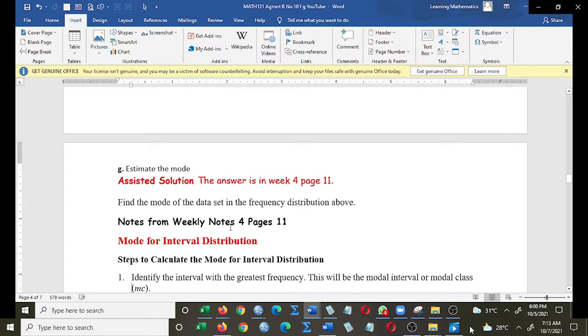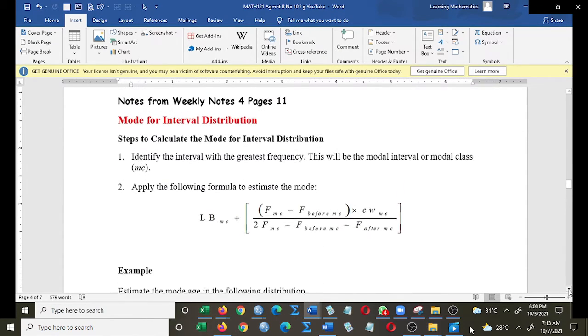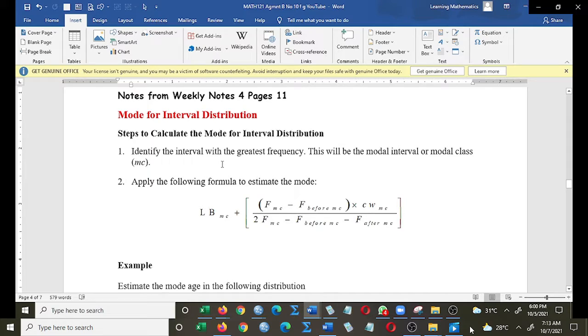Okay. Weekly notes 4, page 11, mode for interval distribution, steps to calculate the mode for an interval distribution. Identify the interval with the greatest frequency because the mode is the value that occurs the most. This will be the modal interval. Okay, so you have a modal interval, or you can call it the modal class.